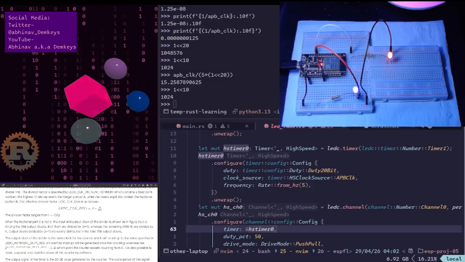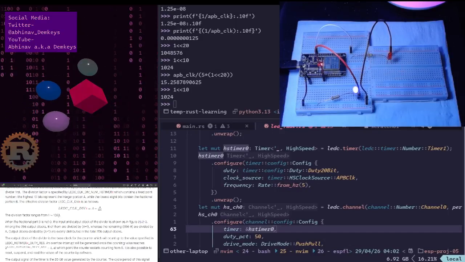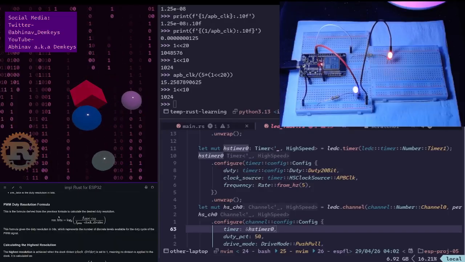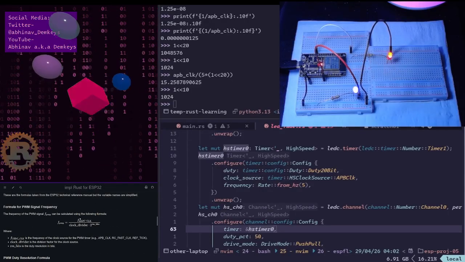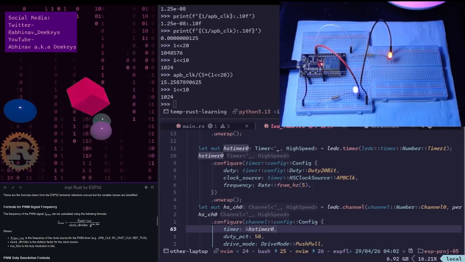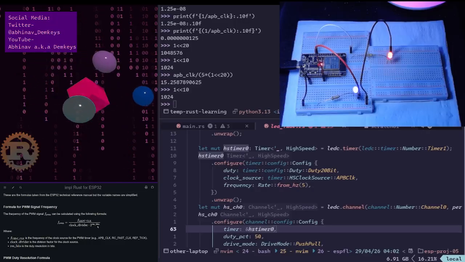Let's try using this formula. Okay, wait, so the formula was given here. FPWM equals our APB clock divided by clock divider multiplied by 2 to the power resolution bits. Let's do that.